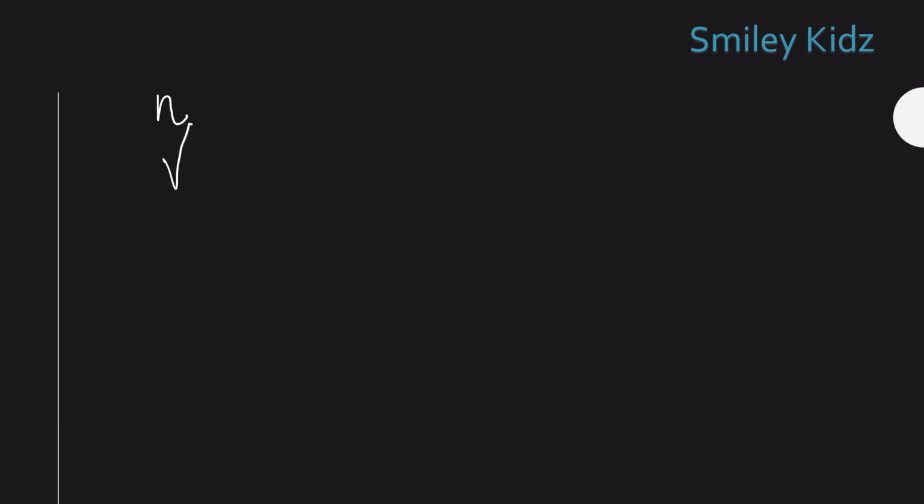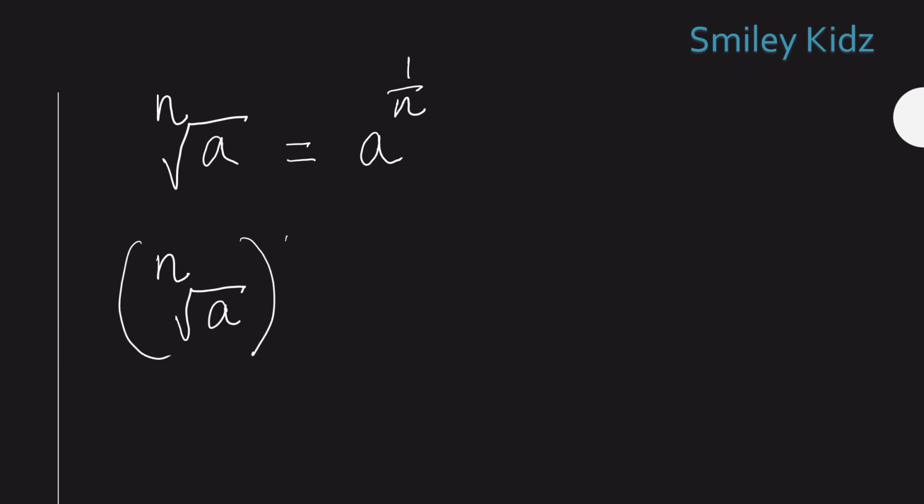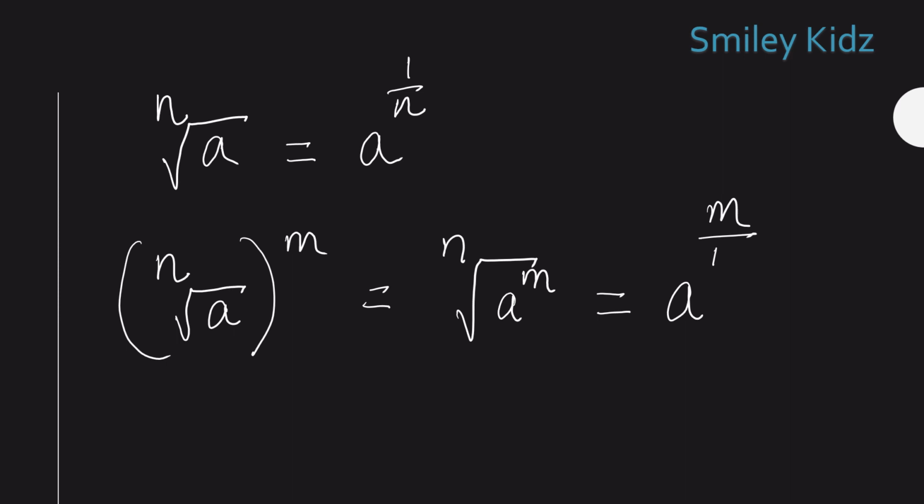Nth root of a is equal to a raised to the power 1 by n. Nth root of a, raised to the power m, is equal to nth root of a power m, that is equal to a raised to the power m by n.